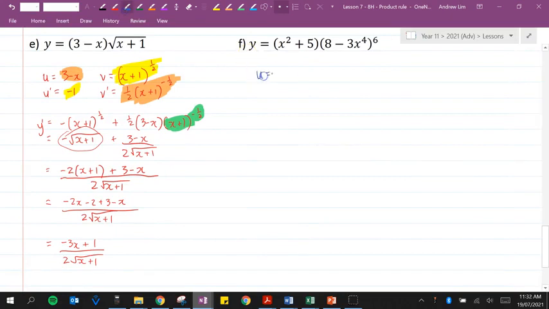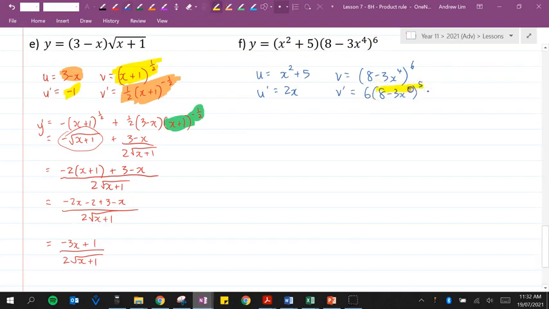u is equal to x squared plus 5, so u dash is equal to 2x. v is equal to 8 minus 3x to the power 4 all to the power 6. So v dash is equal to, bring down the power, 8 minus 3x to the power 4, reduce the power by 1, times by the derivative.